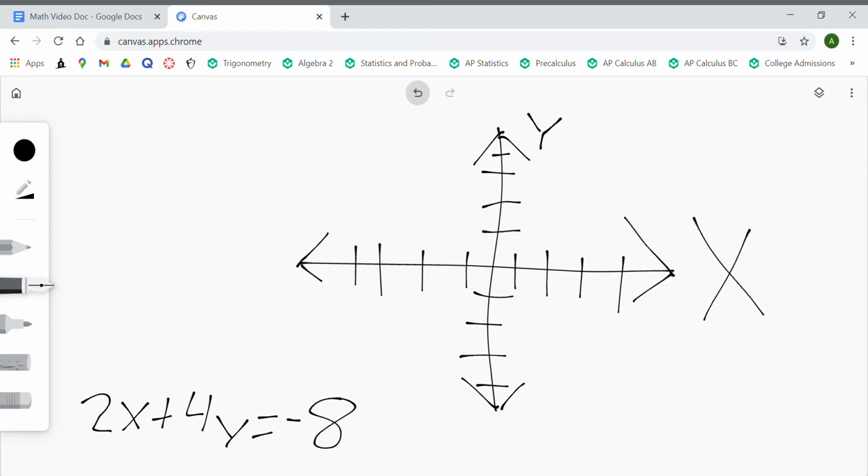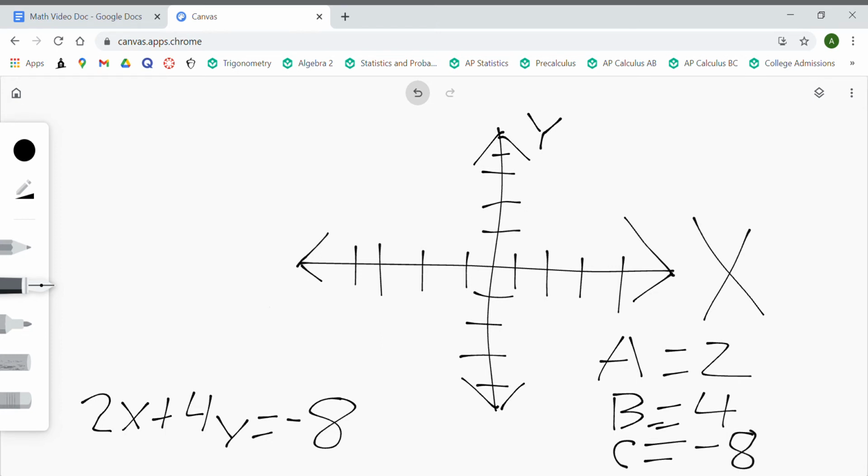B, or the coefficient of y, is 4. And then c, or the constant to which everything is set equal, is -8. Alright, so now we got our values down. Let's try to graph.